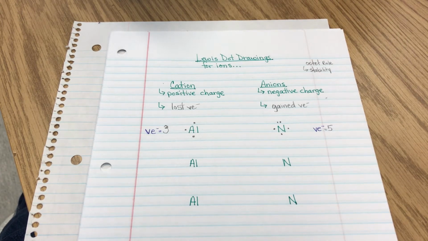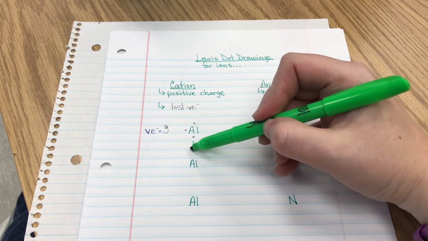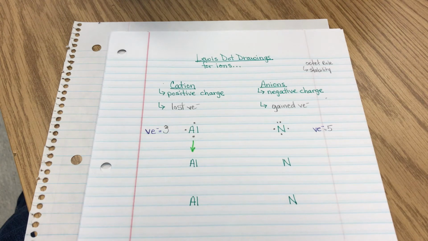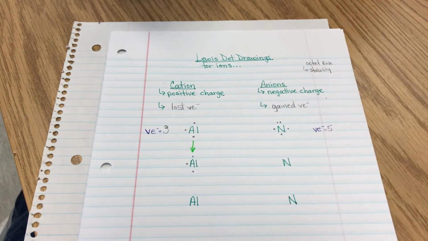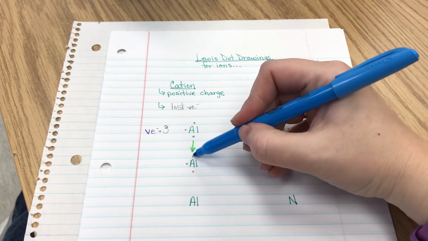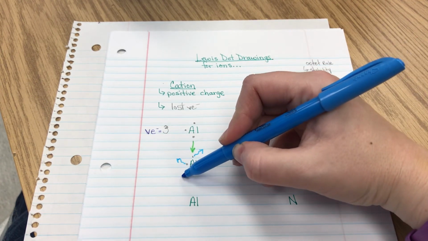So in order for this to happen, taking a look at aluminum, when we see these electrons and we try to figure out what's going on, we discover aluminum is able to actually lose these electrons. By doing so, it goes down to 0.